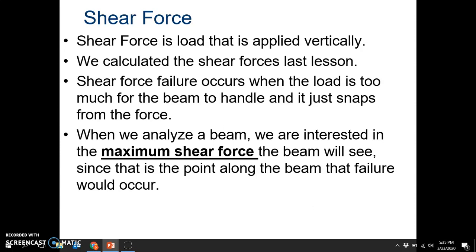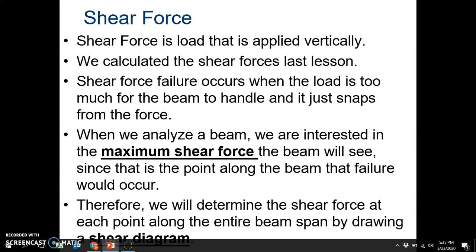So we care about where the maximum shear force is and where it occurs. Therefore, we will determine the shear force at every point along the entire beam span by drawing what we call a shear diagram. So we will map out all the shear forces along a beam, and then once we have that done, we can determine the maximum.